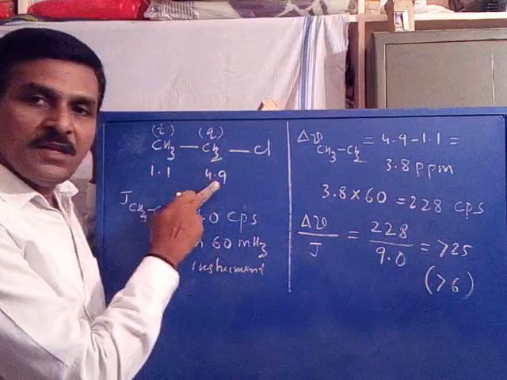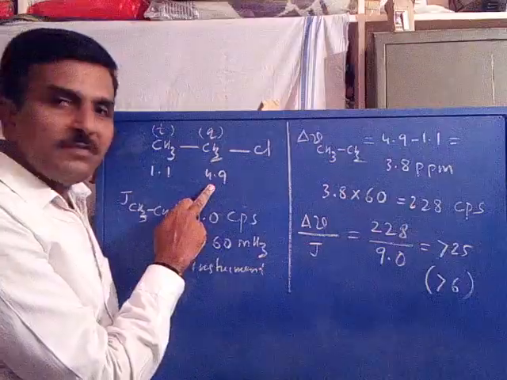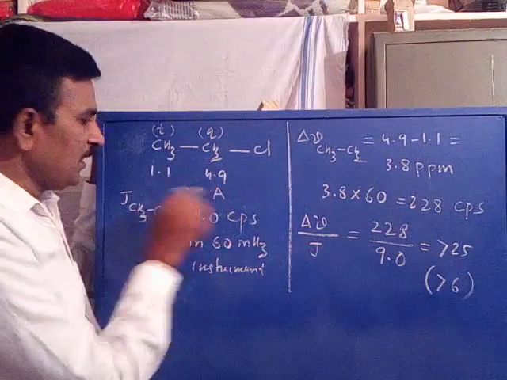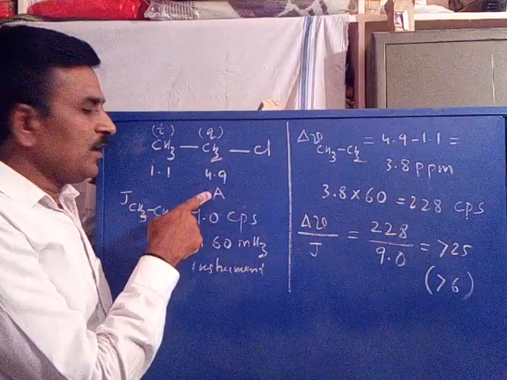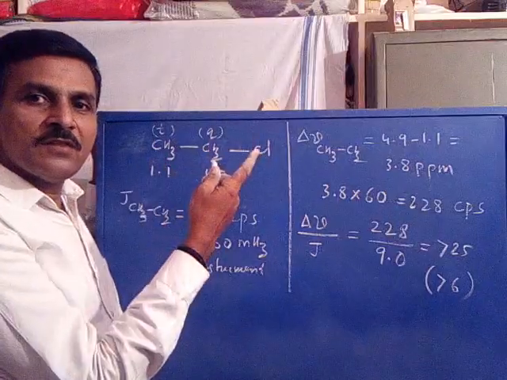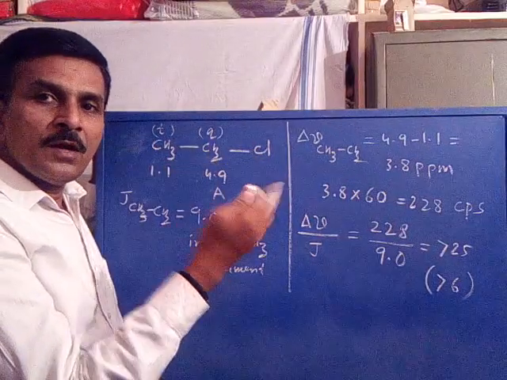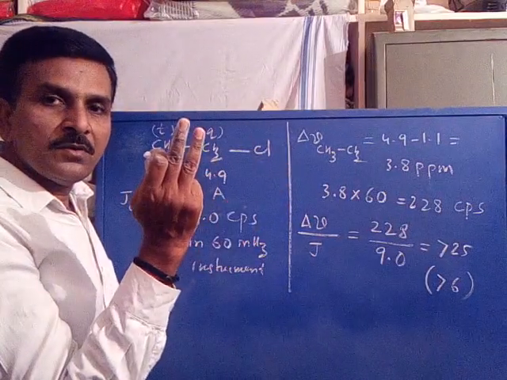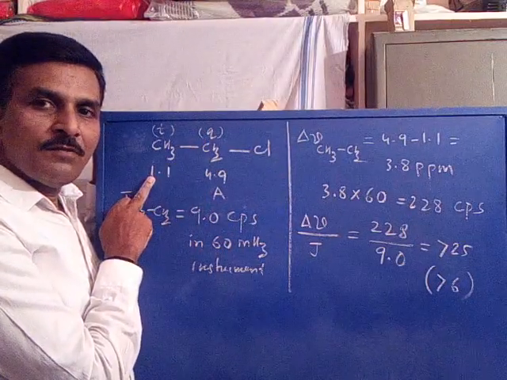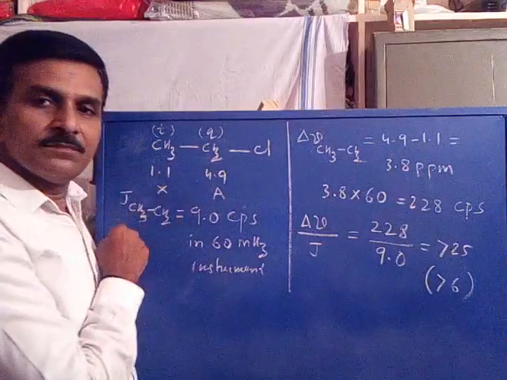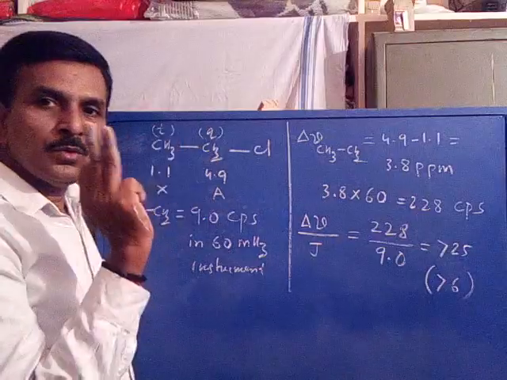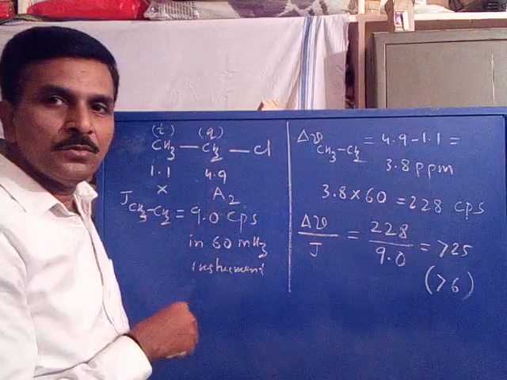Between these two, this is the set with the higher delta value, therefore it is designated A. Now this is the lower delta value. We discussed that if there are two sets of protons, we should use only two letters, the first letter and the last letter. So for the second set of protons we use the letter X. The A set has 2 hydrogens, therefore it is A2.